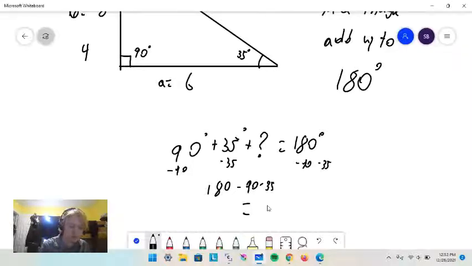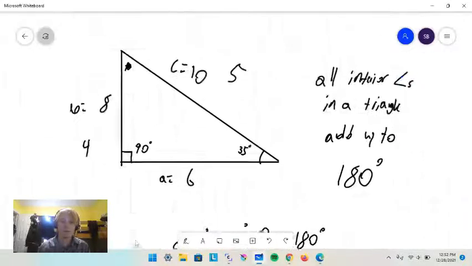And stuff is falling off my desk. Perfect. 55. Forgive me if I am wrong. I do have fat fingers. So that is 55 degrees.